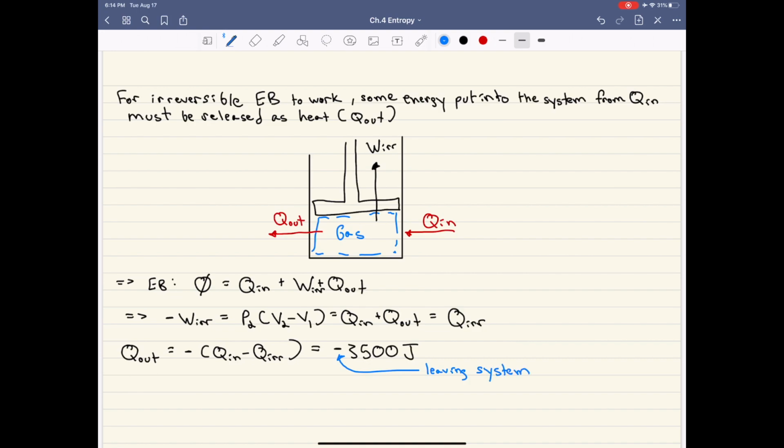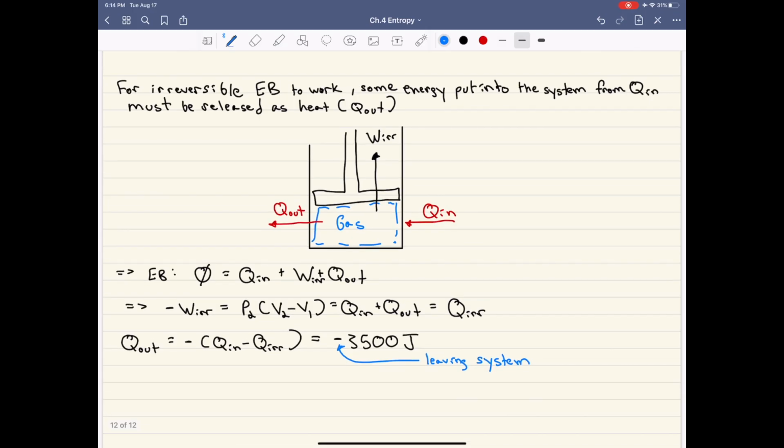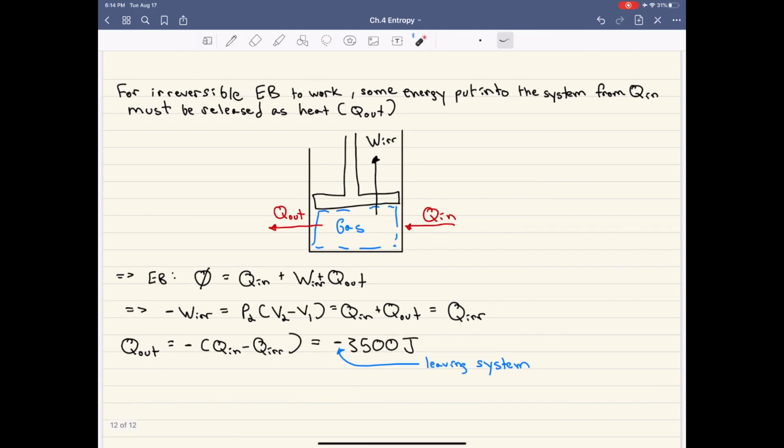All right? And so if you're going with an irreversible process, if you add heat to the system in order to perform work, not all of that heat is going to turn into work. Some of it leaves the system as what we call lost heat. Okay?